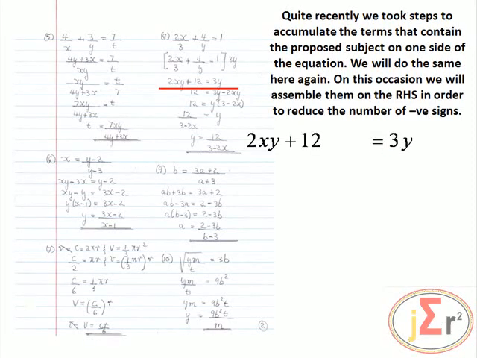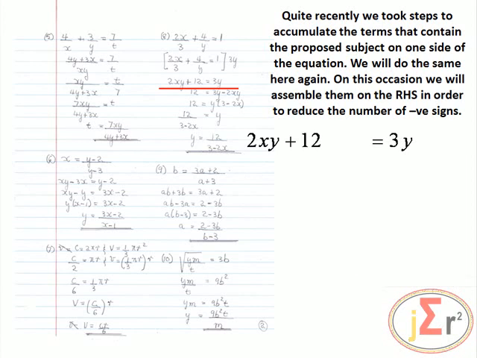Quite recently, we took steps to accumulate the terms that contain the proposed subject on one side of the equation. We will do the same right here again. On this occasion, we will assemble them on the right hand side in order to reduce the number of negative signs. And we will take a look at what it means to reduce the number of negative signs in a short while.